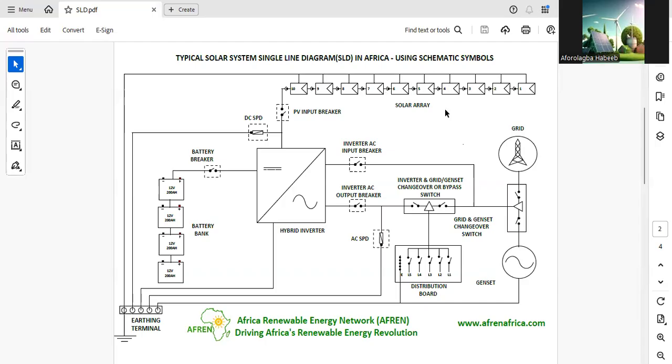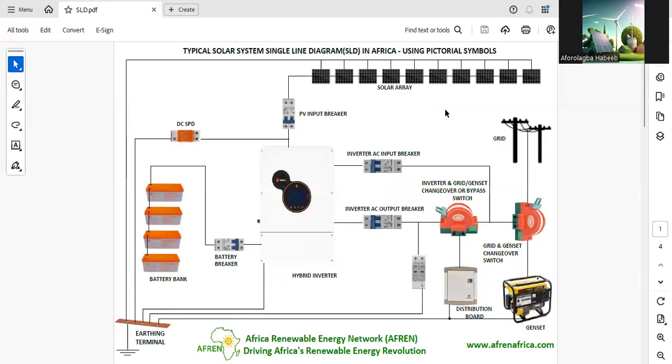What are schematic symbols? The schematic symbol uses standardized symbols and simple line diagrams to represent various electrical and electronic components. The standardized symbol makes it possible for any experienced professional to understand the schematic diagram. So these are used by experienced professionals. Experienced professionals will not be using pictorial symbols for panels, inverter, batteries, because these are real pictures.